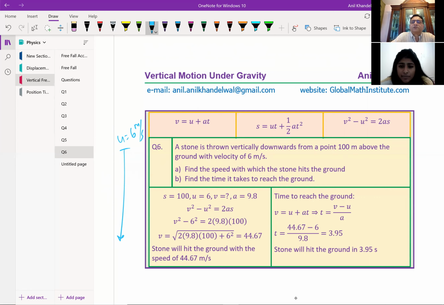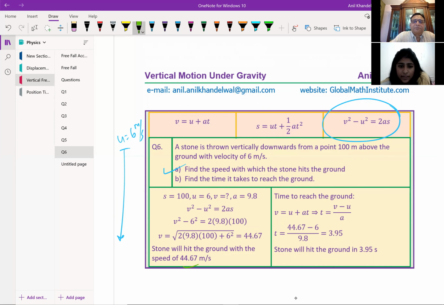So v square minus u square equals 2as is the formula to be used. We've got s, which is 100 meters. Our initial velocity is 6, and our acceleration would be 9.8 positive because it's in the downward direction. And then you just substitute the values in. Okay. Part A is done.